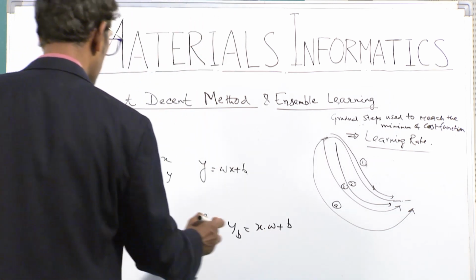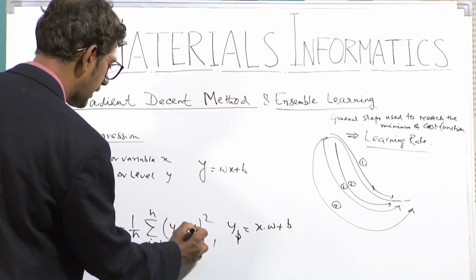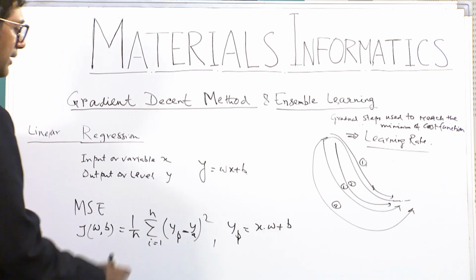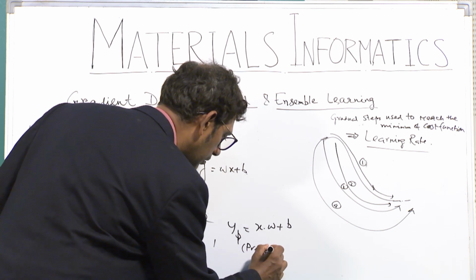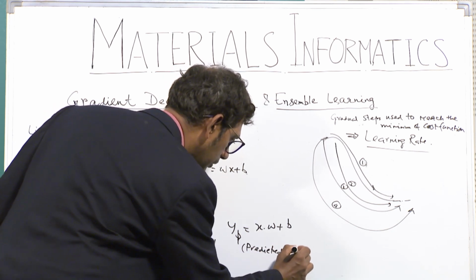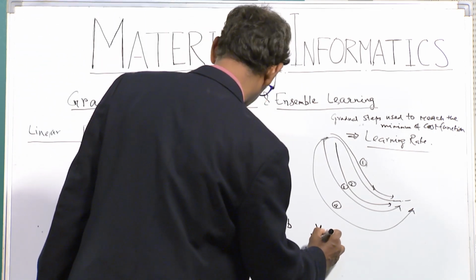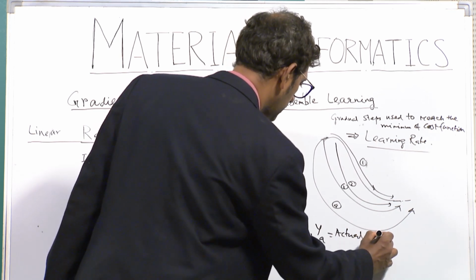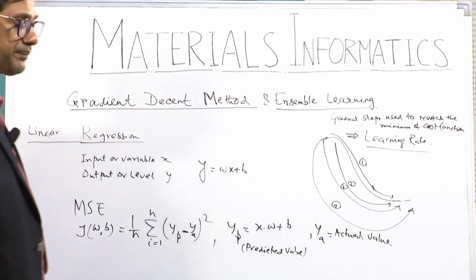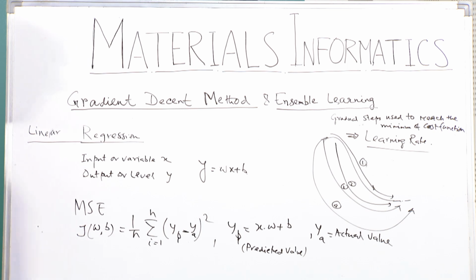So, this is yp, the predicted value by your model, that is x into w plus b, and ya is the actual value. You understand, this is the mean square error in the case of a linear regression model with two parameters, w and b.